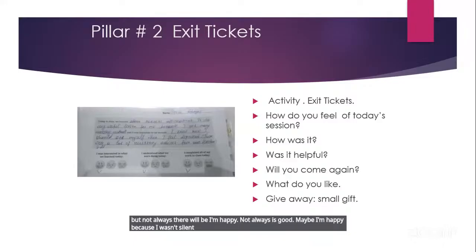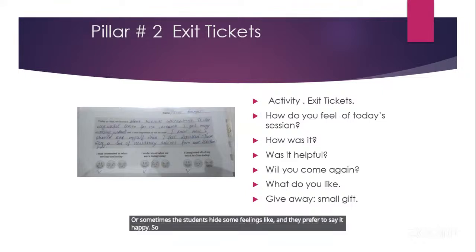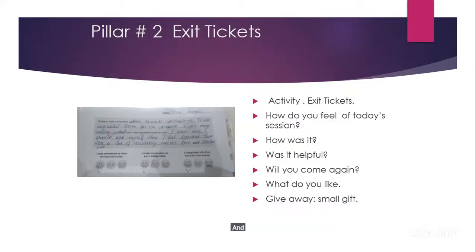Maybe I'm happy because I wasn't silent, I said a word, or sometimes the students hide some feelings and they prefer to say happy. If the environment is very safe, they will say, I was a little embarrassed because everyone was speaking and I was not, and I was a little shy.